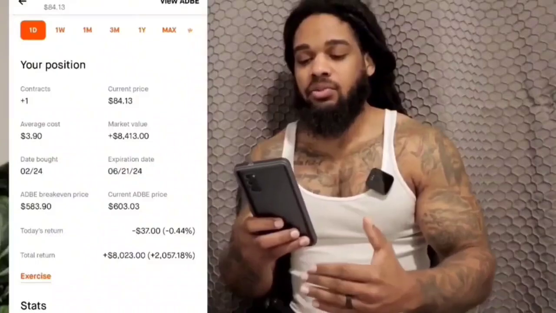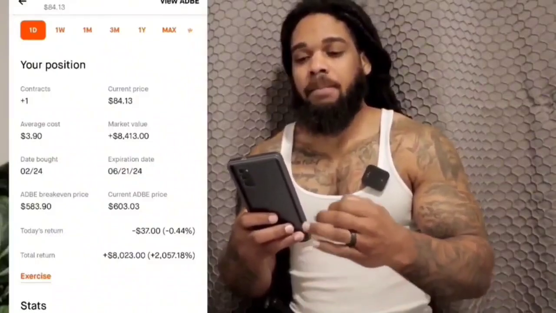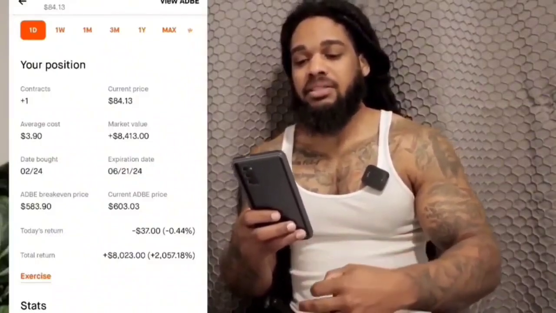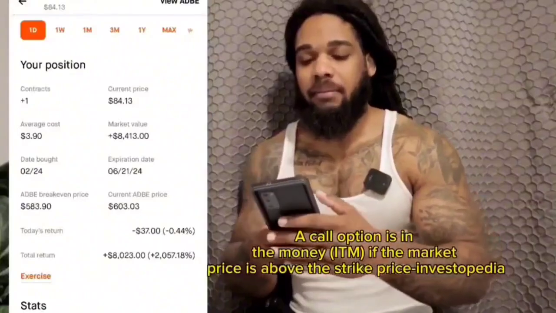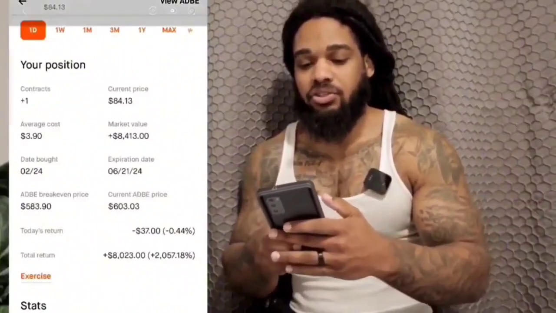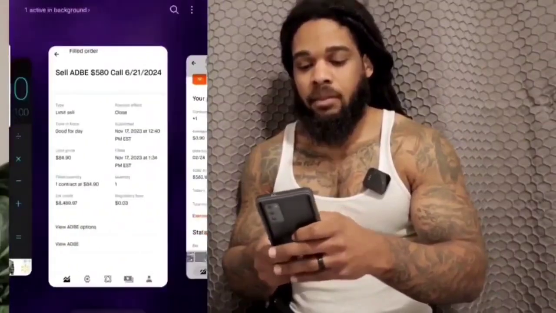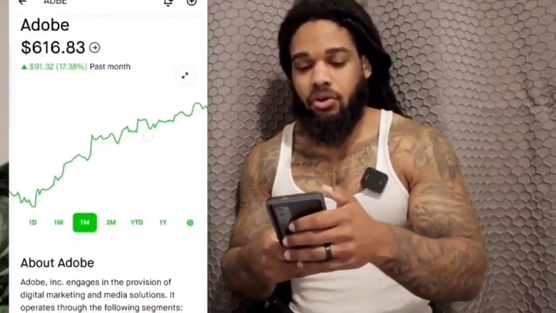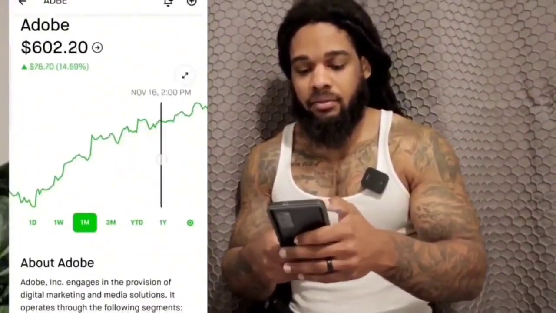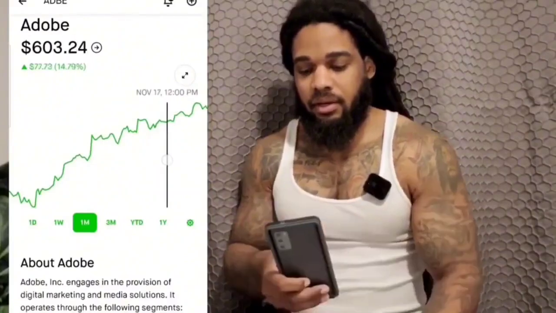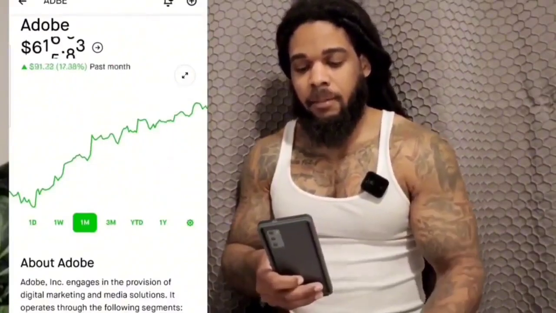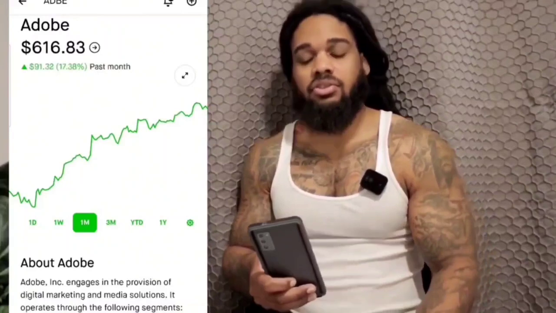And this is the reason why I was able to make this amount, is because I basically was in the money, because at the time I sold the Adobe contract, Adobe had hit about $602 or so.